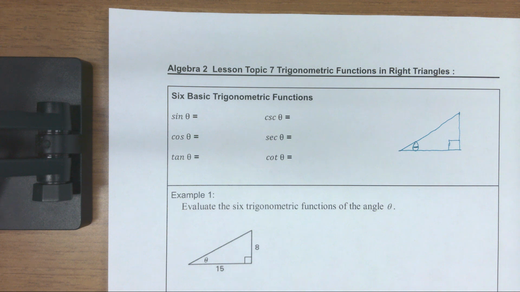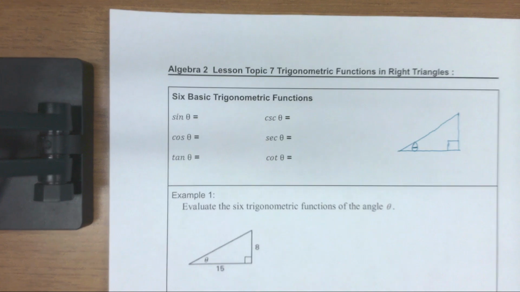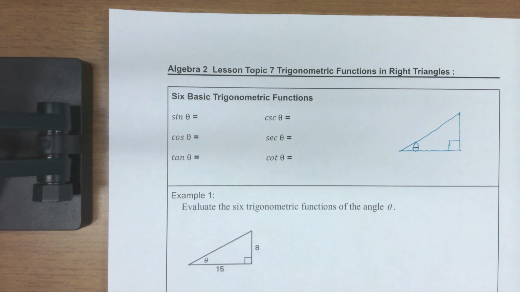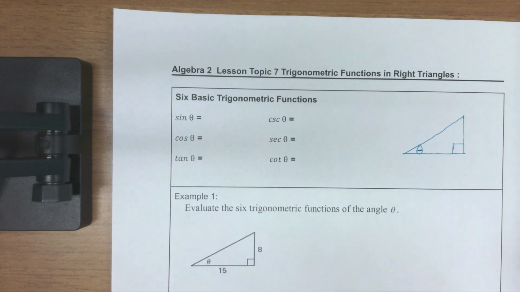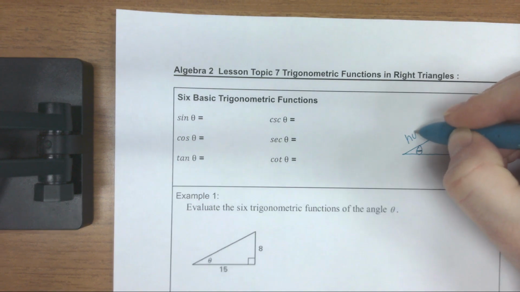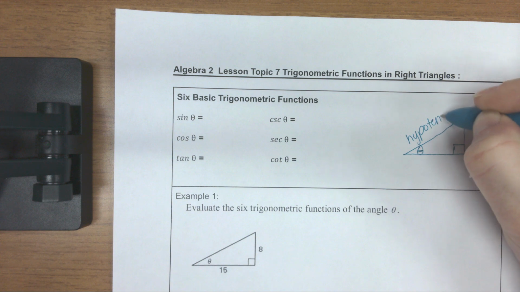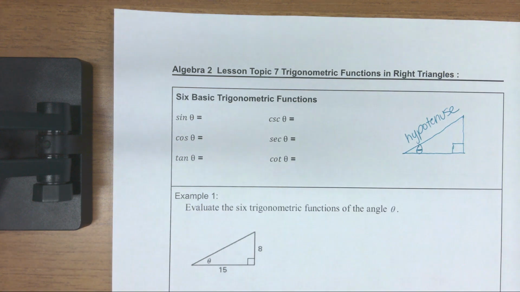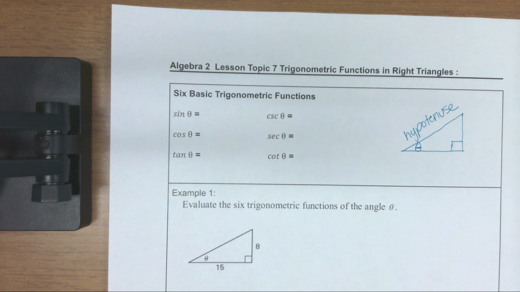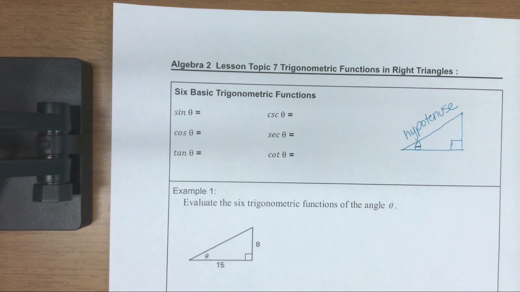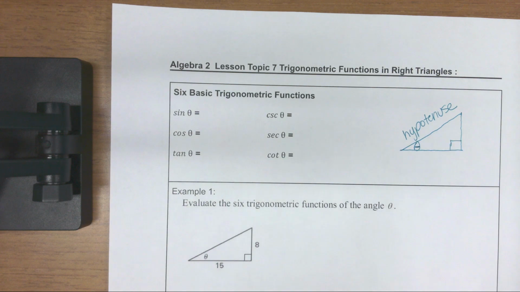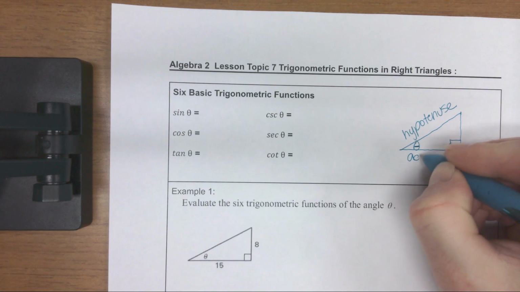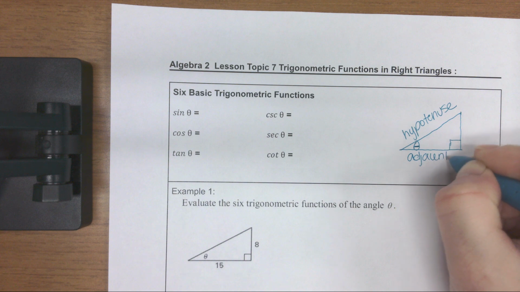With relationship to that angle, in a triangle we have three pieces. One of the pieces is always fixed, and that is the side opposite the right angle, called the hypotenuse. Who's heard that before? Okay, good. The side that is touching the angle, we call the adjacent, and we call those legs.